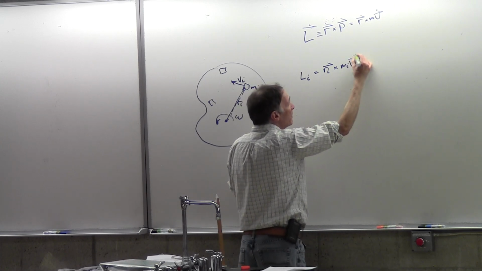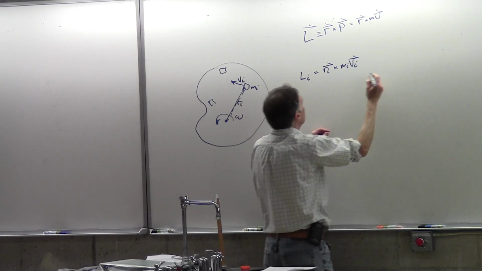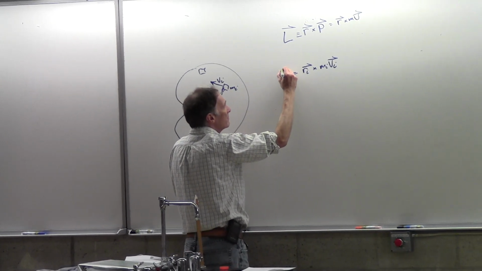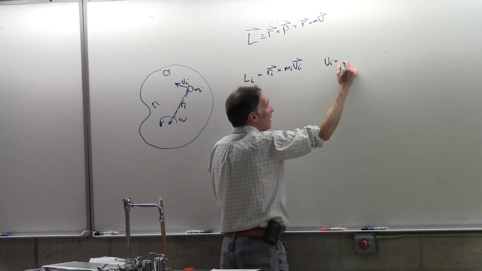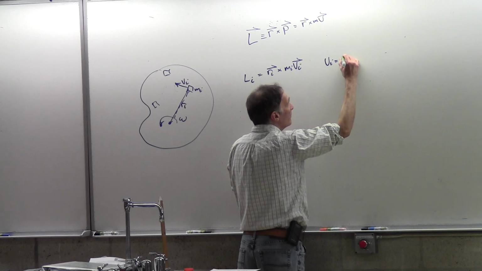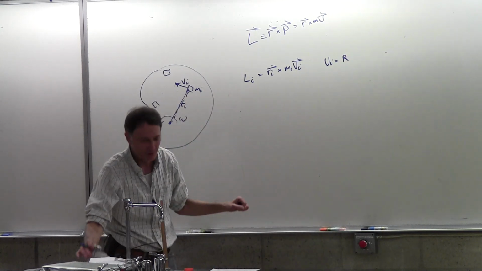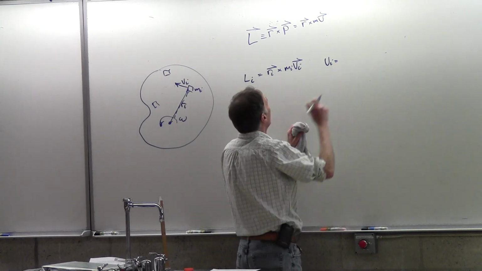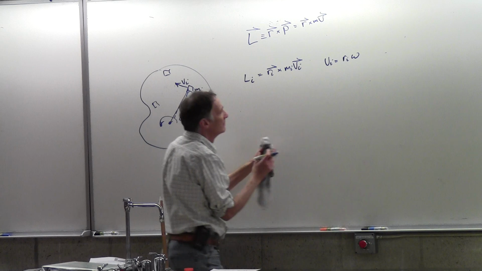And v sub i should be equal to r sub i times omega.